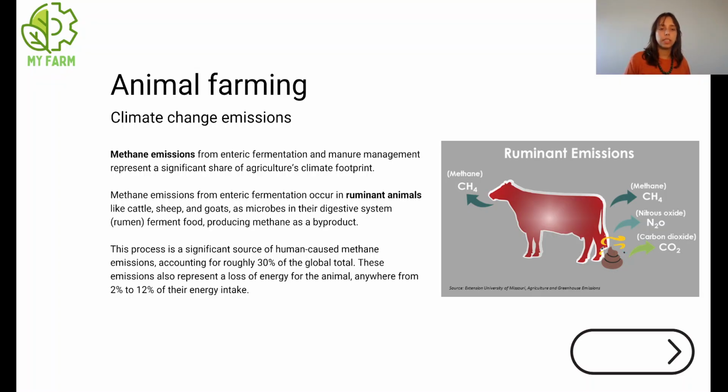This process is a significant source of human-caused methane emissions, accounting for roughly 30% of the global total. These emissions also represent a loss of energy for the animal, anywhere from 2 to 12% of their energy intake.